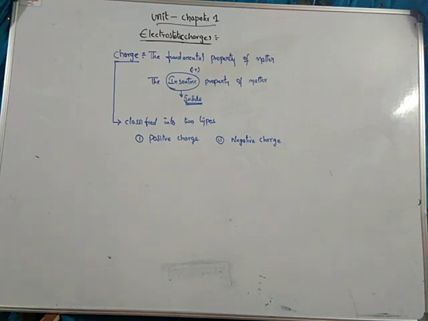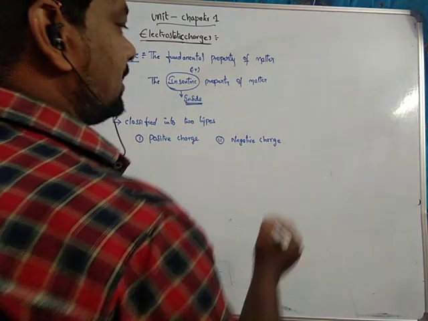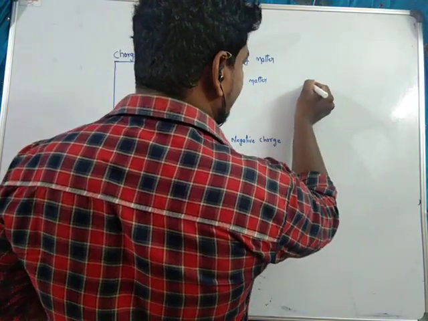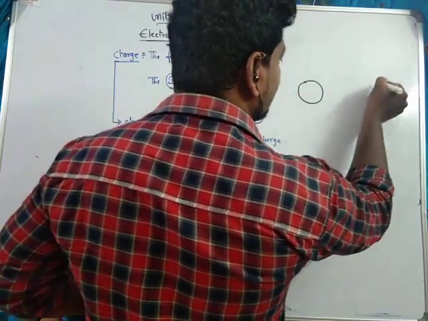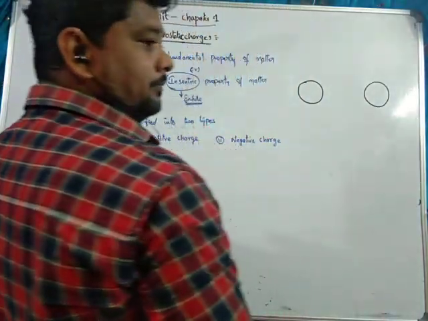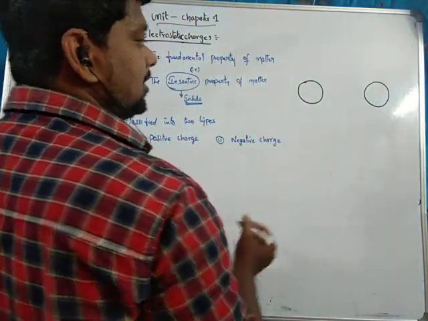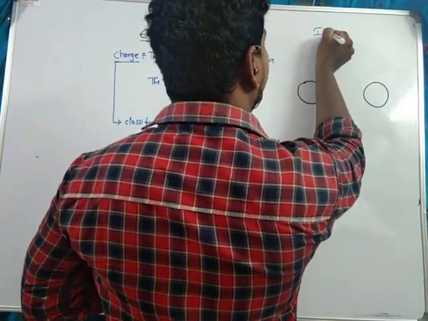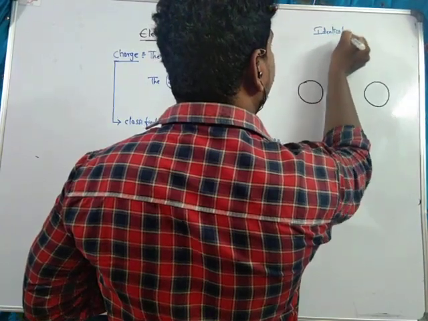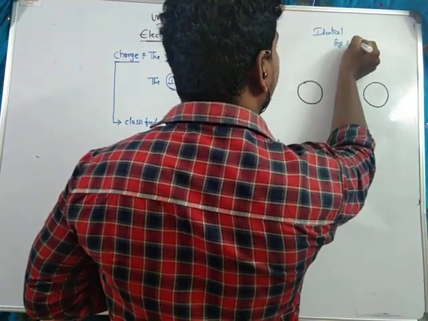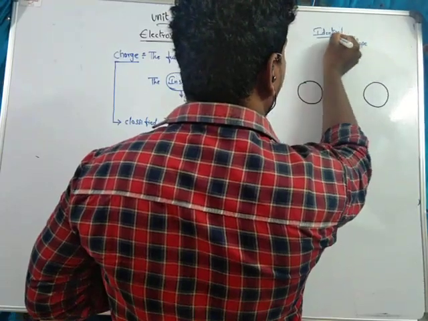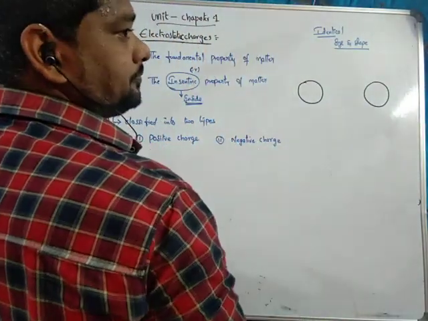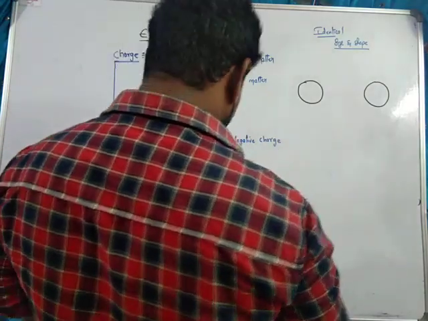Now what is a positive charge and what is a negative charge? To define these terms, let us consider a small example. We consider two atoms, both of identical size and shape.